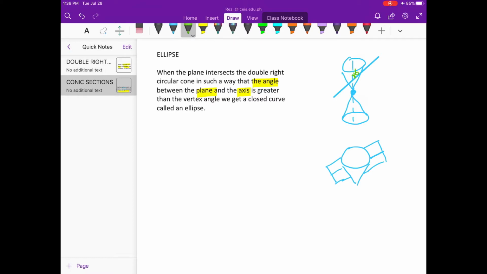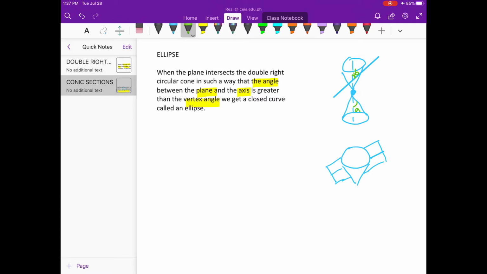Let's name that angle B. The other angle is the vertex angle. Remember our vertex angle in the previous lesson? It's located here between the axis and the generator.